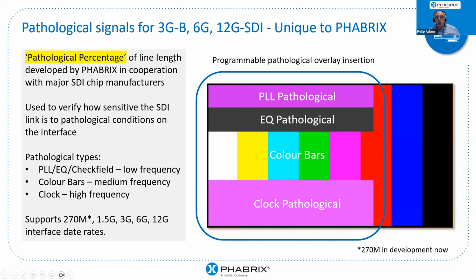And because the manufacturers were not happy to create receivers that worked with full pathological signals, i.e. occurring the full length of the line, we created the concept that you could insert as much of it as you wished. So you can see we've cut it off here. And this is probably looking at something like a 60 or 70% pathological rather than the 100% line.